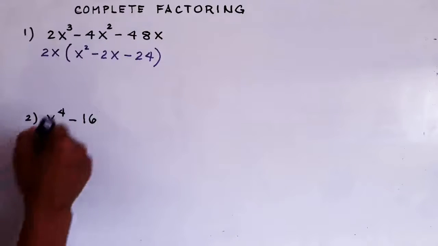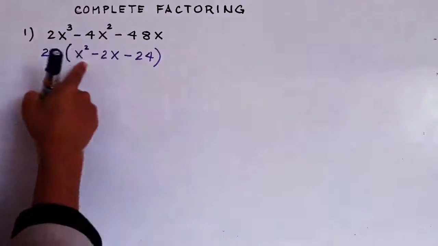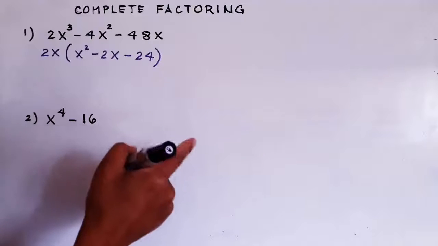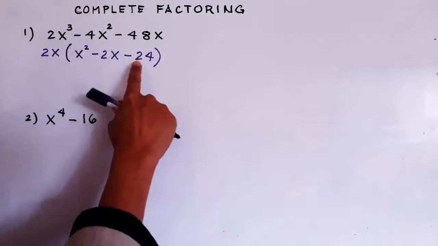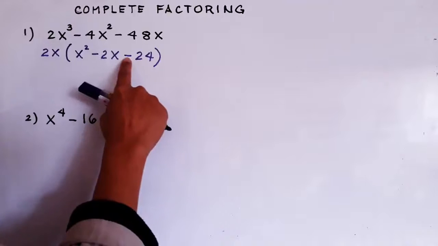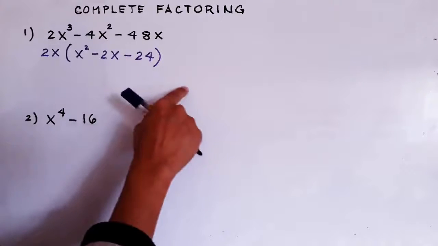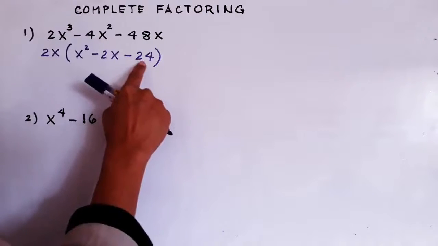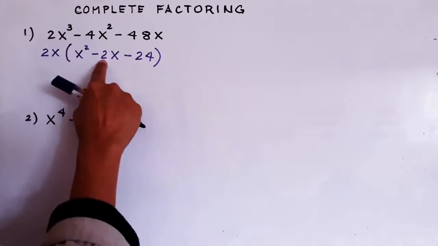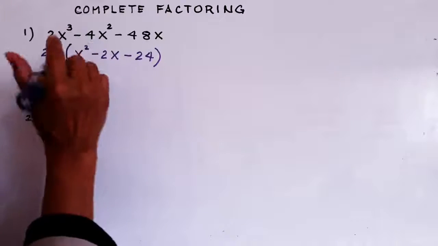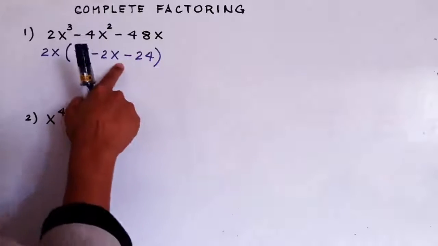Now, look at this trinomial here. Can you factor that one again? So you look here, that's minus, so it is plus and minus. Factors of 24, then you subtract, and then we get the 2. Okay? So let us factor, because this one is factorable again.